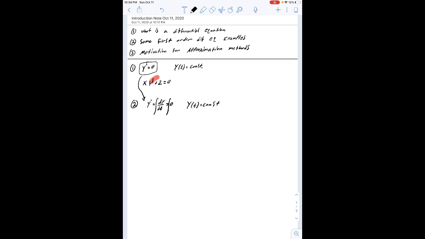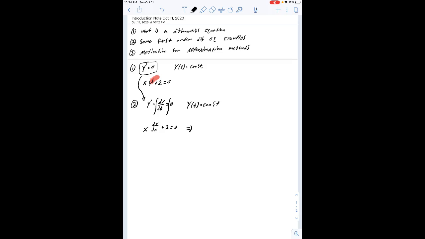Okay, so now following this theme, why don't we do this one? We have x dy over dx plus 2 is equal to 0. For this one, I would do a separation of variables again. I'd try to get my dy on one side and my x's on the other side, kind of like basic algebra 2.